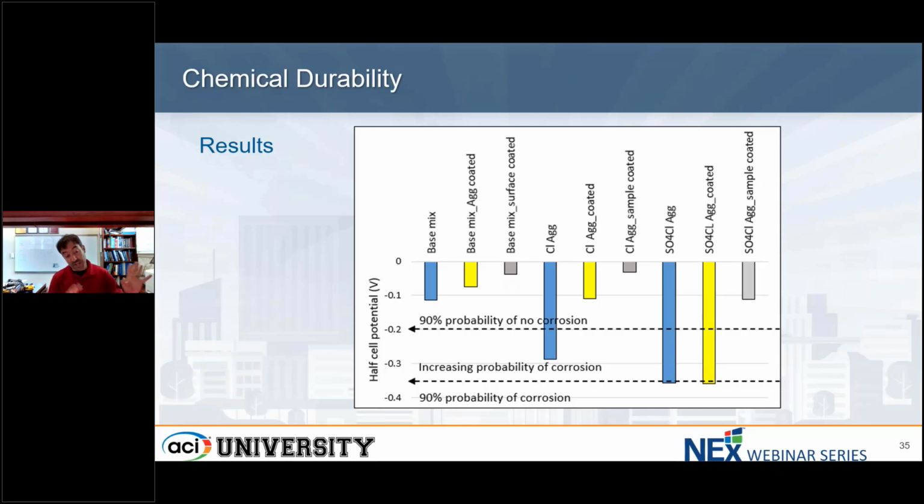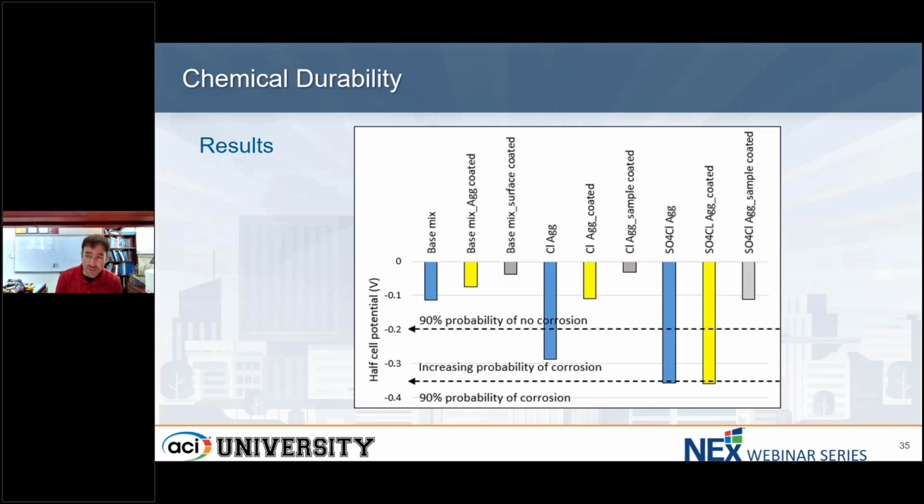Now, I was making these slides up and I forgot to put a little takeaways slide for the chemical part, but we actually explored delayed ettringite formation and some other aspects of chemical durability that aren't presented here. But the big takeaway is coating the aggregates with the silane has a tremendous benefit to the durability of the mixes.